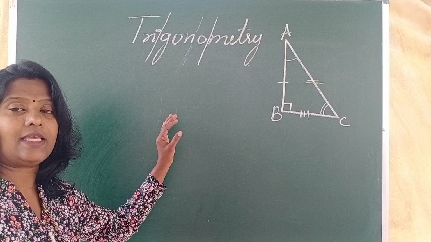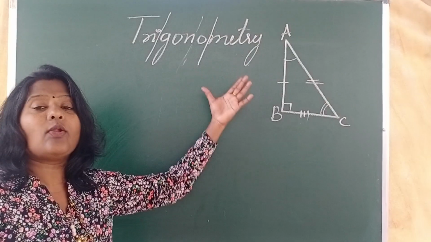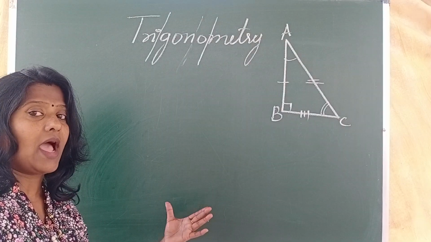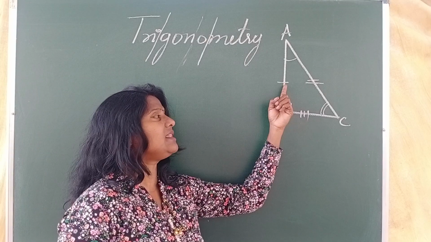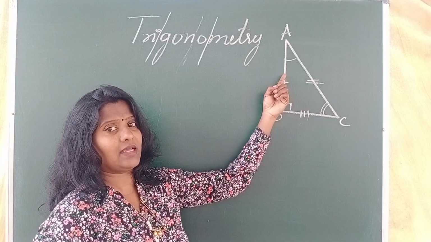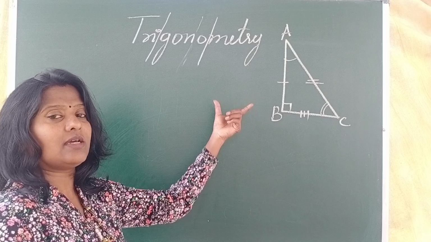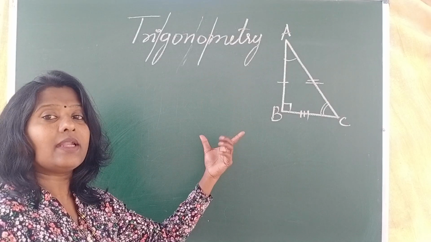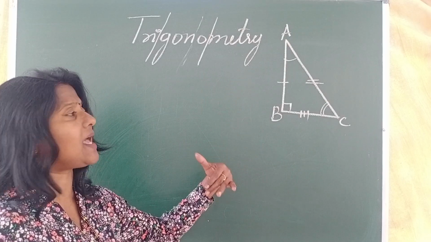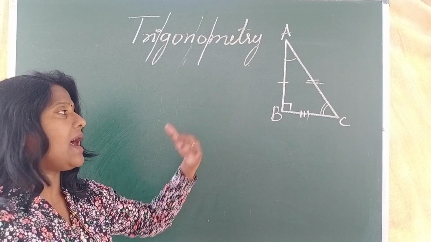Now let us see what the trigonometric ratios are. I told you the relationship between the sides and the angle. Here we will study the trigonometric ratio, the comparison of two sides with the considered angle.